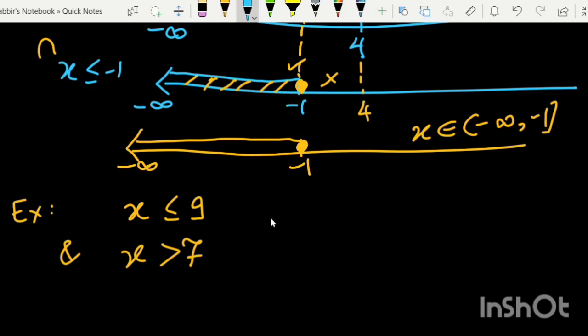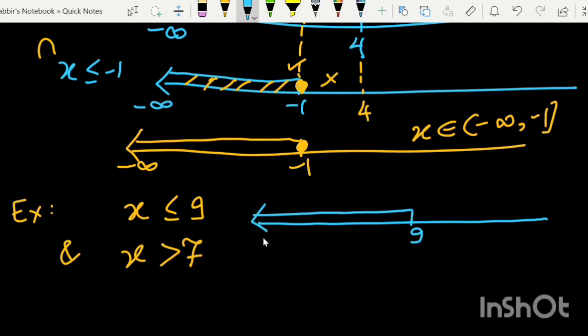Now I will draw this and mark 9 here. x less than or equal to 9, so all the values on the left of 9 we will take, minus infinity to 9. And then we will plot x greater than 7.